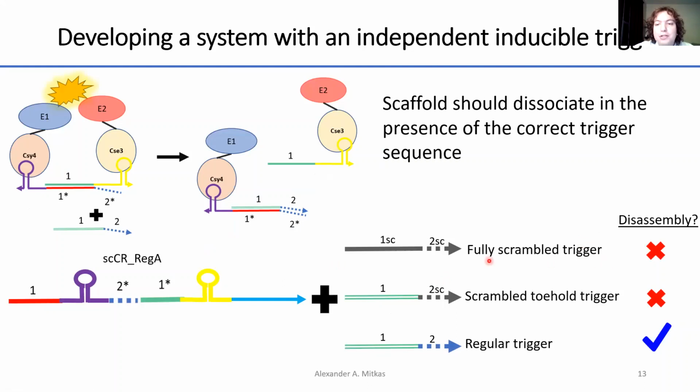So the first one is a fully scrambled trigger that should not disassemble the system. The second one is a scrambled toehold trigger, which should not disassemble the system if the main driving force behind this disassembly is toehold-mediated strand displacement. And finally, we have our regular trigger, which should disassemble the system if everything is working as expected.